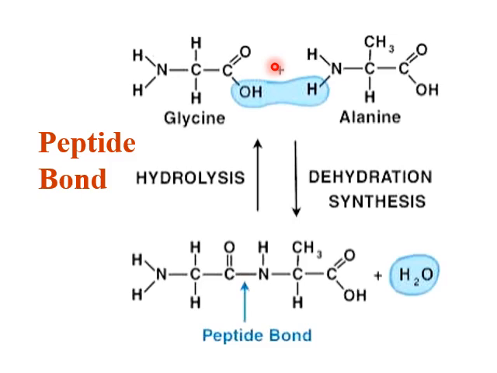We're going to break a bond in glycine that holds this carbon to this hydroxyl group. And we're going to break the bond on alanine that holds this nitrogen to this hydrogen. And by breaking those bonds, we open up a bond potential between this nitrogen and this carbon.